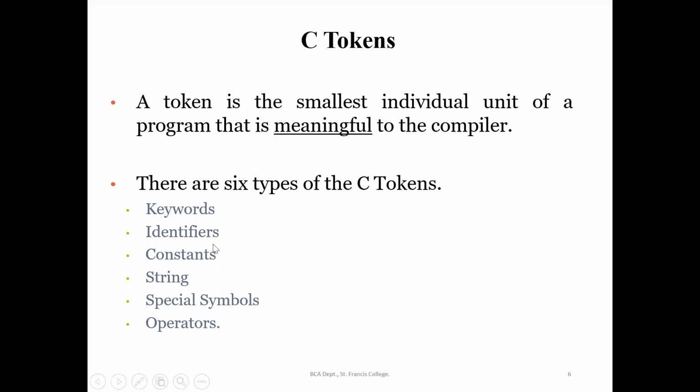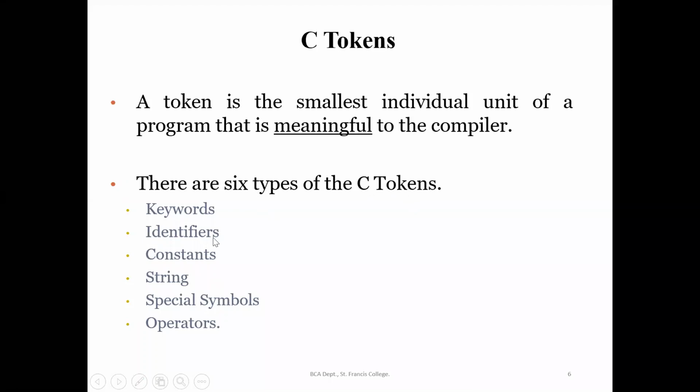Your ABCD or XYZ will not be categorized under keyword. Understood? Unless you declare it as a variable, it will not be meaningful to the compiler. So we have to make it in the form in which the compiler will understand. There are only 6 types of C tokens, which are named as C token categories.